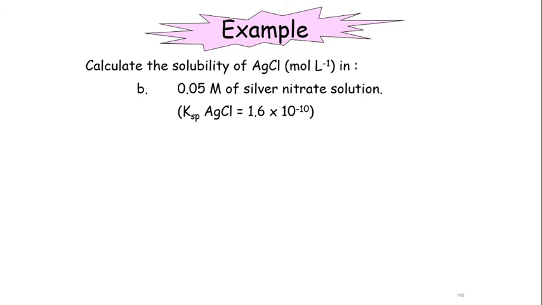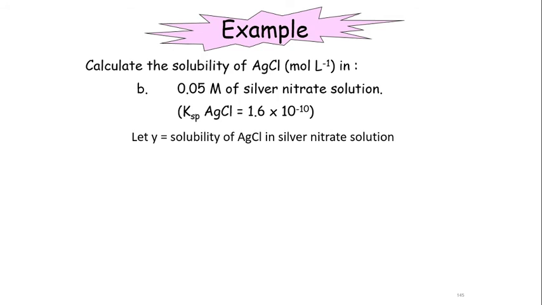But for this question, we have a common ion, which is Ag+, because we have AgCl and then we have AgNO3. To solve this question, let Y be the solubility of AgCl in silver nitrate solution.